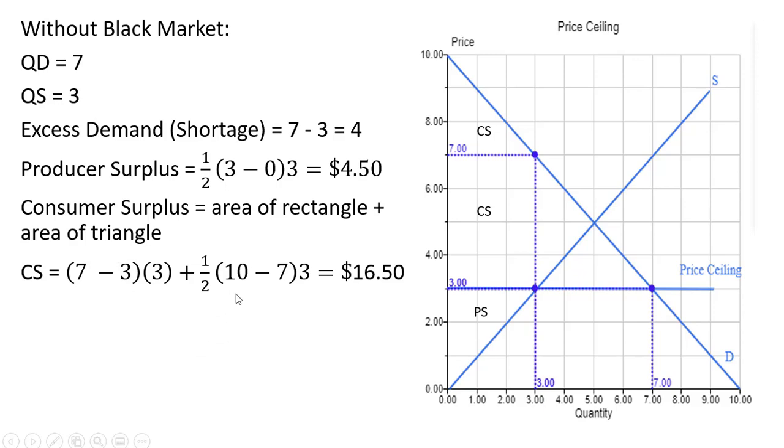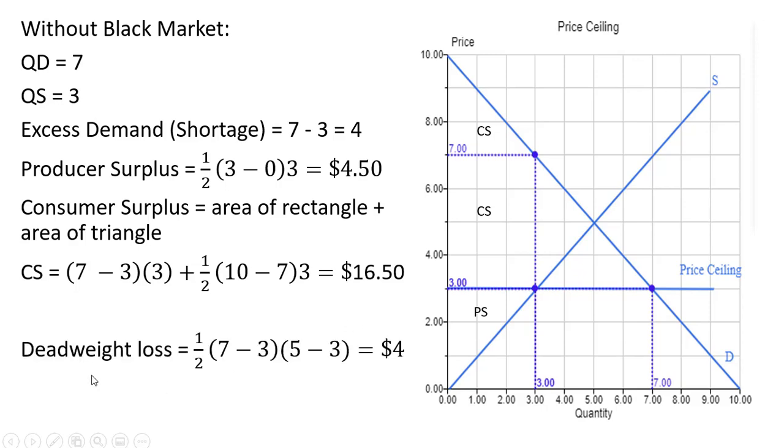And then the remaining part of consumer surplus is going to be this triangle up here. And that has an area of 1/2 base times height, where the height is 10 minus 7, the vertical intercept minus the 7 here, over the number of units, which is 3. And doing the math here, we get total consumer surplus of $16.50.